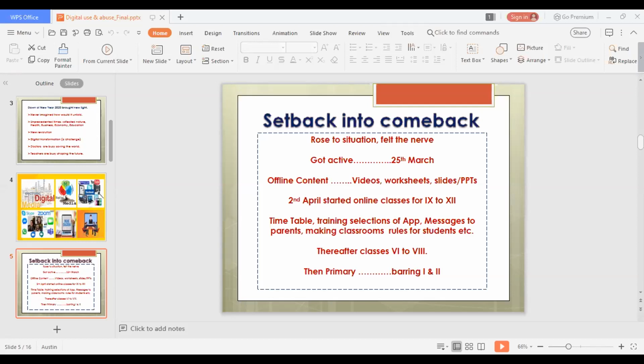Initially, we checked whether we were successful with classes 9 to 12, and then we started with classes 6 to 8. After that, we again checked our success and then moved on to the primary classes.